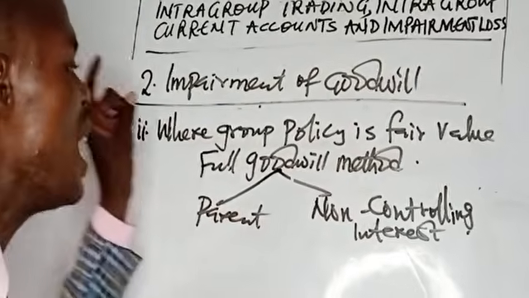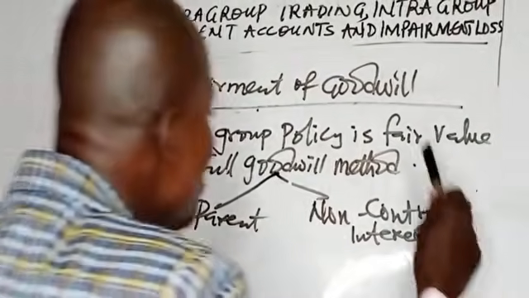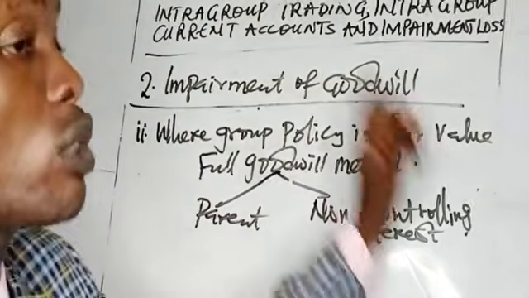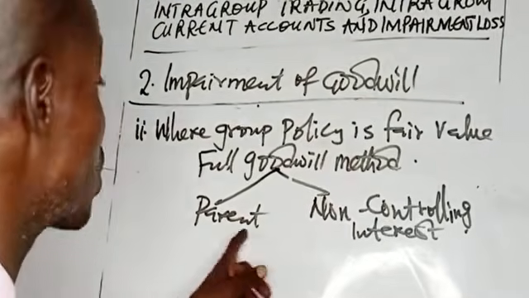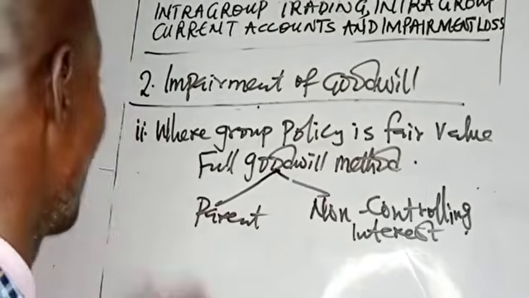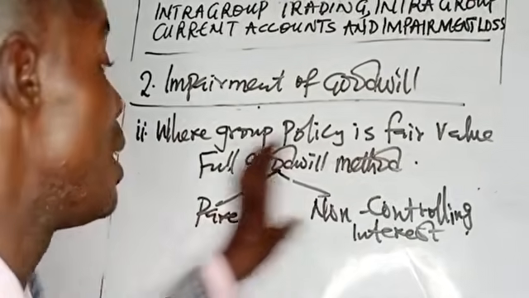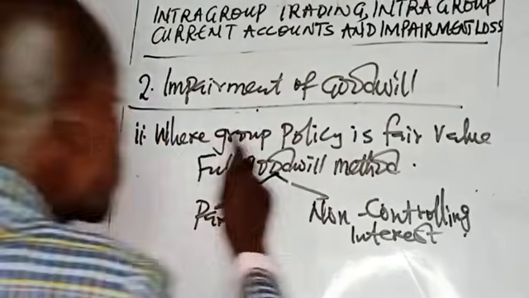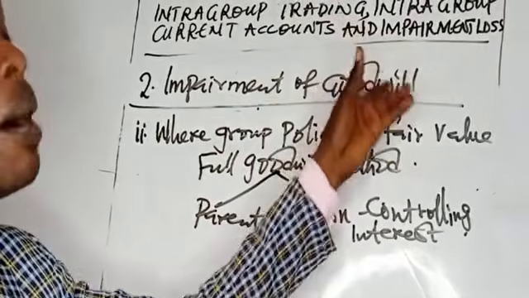Deduct the whole impairment loss from the subsidiary retained earnings in order to get the adjusted post-acquisition profit of the subsidiary. The adjusted post-acquisition profit will still be shared between the parent and NCI based on the percentage of holding. In that case, you are sharing the impairment loss between parent and NCI indirectly. So, where group policy is fair value, you deduct the impairment loss in the summary of net assets.